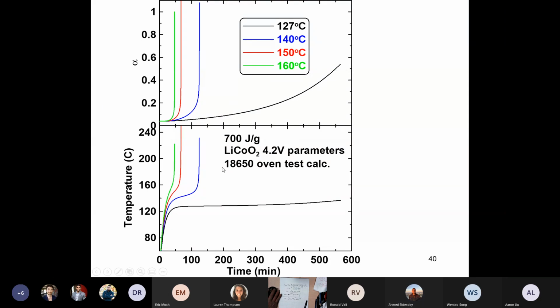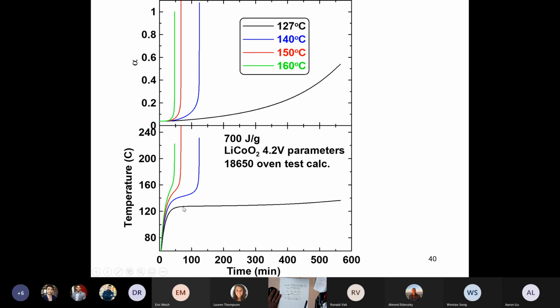Okay, so then as a first approximation for what happens if you include all three steps in the reaction between charged lithium cobalt oxide and the electrolyte, you increase the heat of reaction to 700 joules per gram. And this is approximately okay.